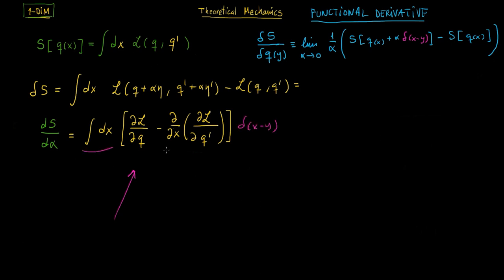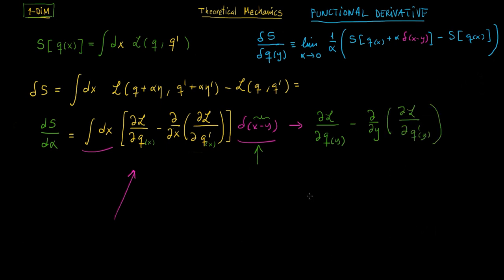So this integral with this delta gives you partial L with respect to q y because of this x minus y here. And remember, this is x and this is x. Because of that, you will get this. So this is the practical definition in order to compute the functional derivative.